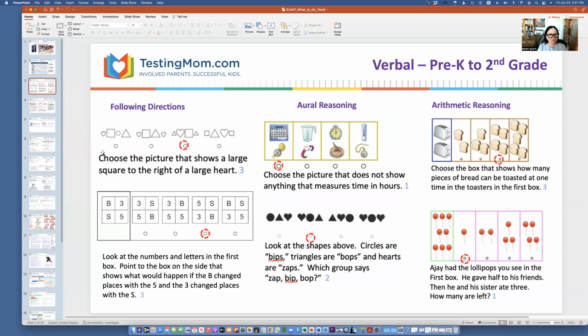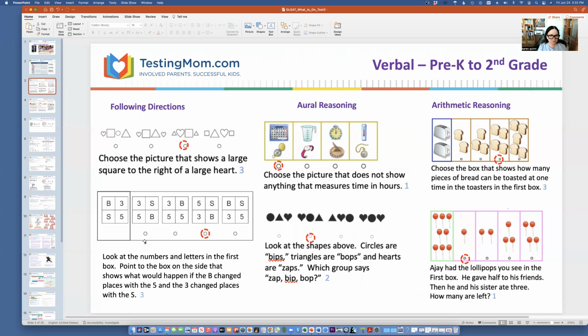But with this particular question, it's choose the picture that shows a large square to the right of a large heart. So a lot of questions get into positional kinds of things, like choose the thing that's on top of, next to, beneath, diagonally across from, to the right of, to the left of, that kind of thing, just like we're seeing right here.